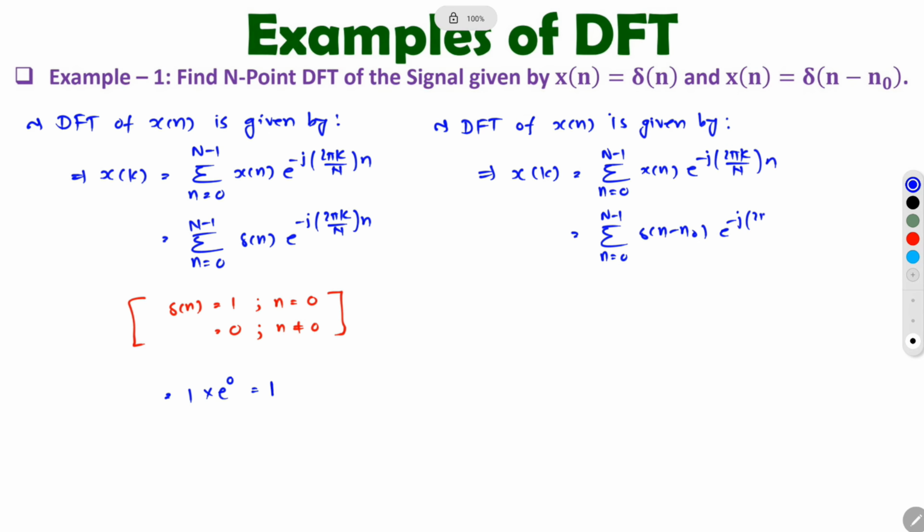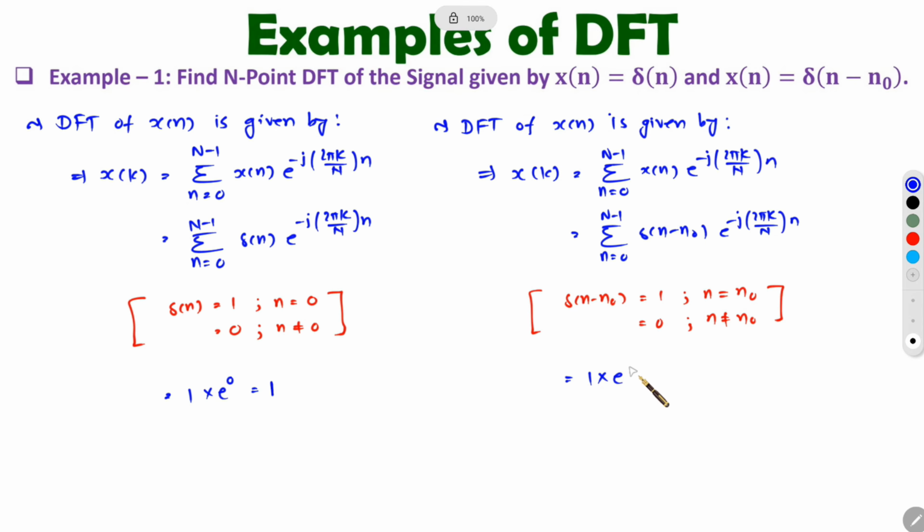Now you need to understand what delta of n minus n naught is. If you talk about delta of n minus n naught, then that will be 1 provided n equals n naught, and that will be 0 if n is not equal to n naught. So if you substitute this in the summation, this delta of n minus n naught will be 1 provided small n equals n naught, otherwise the value is 0.